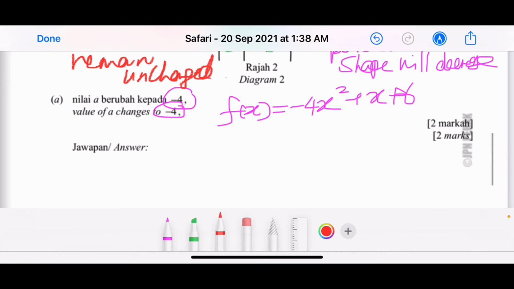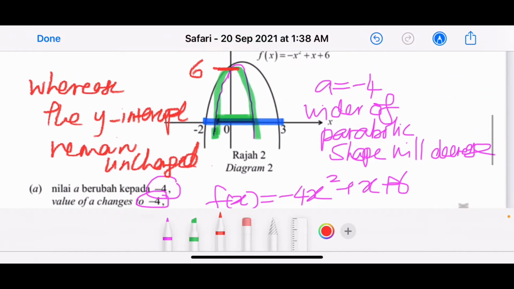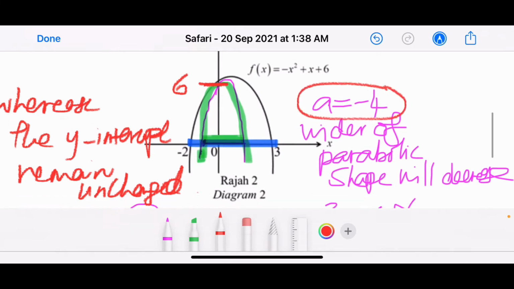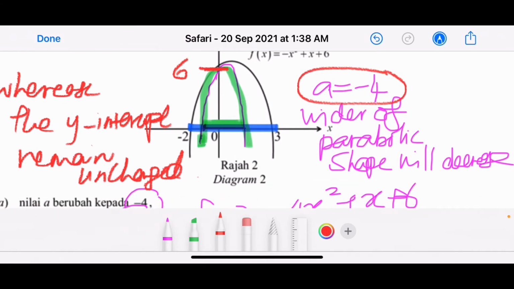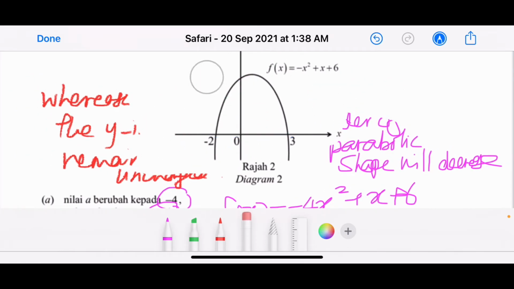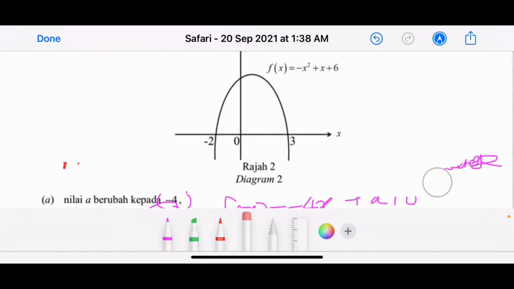Okay, so we have solved the part whereby a changed to negative 4. What about part B? For part B, we have to change the coefficient of the x, whereby the question asks you to change it to negative 2.